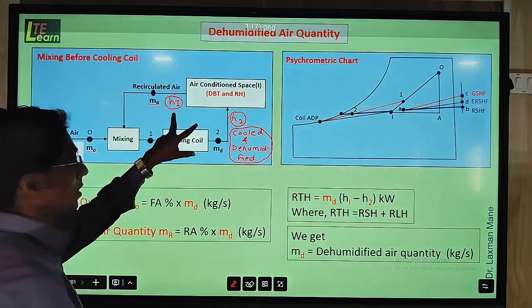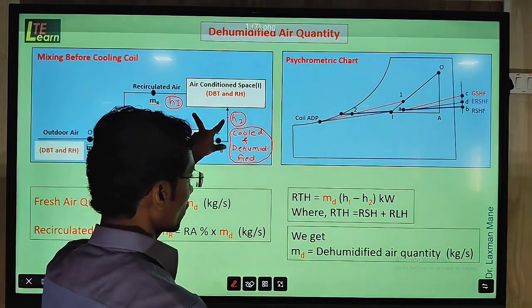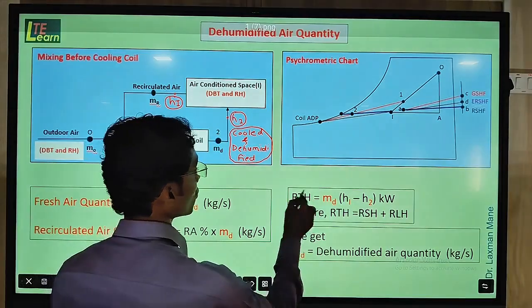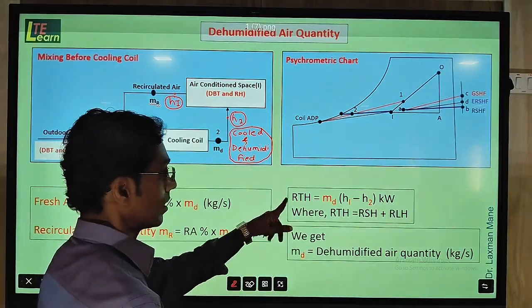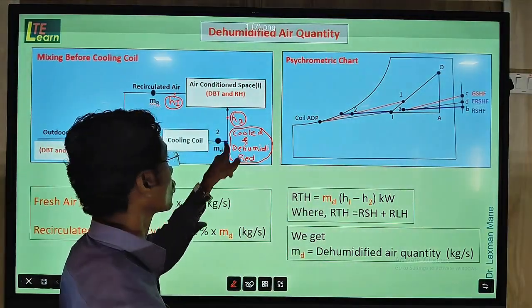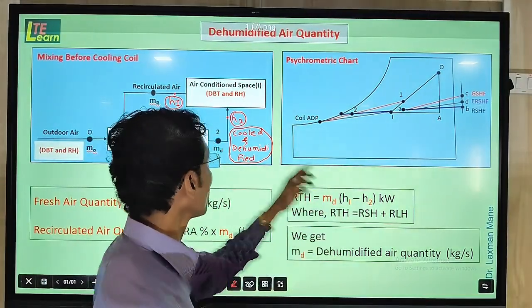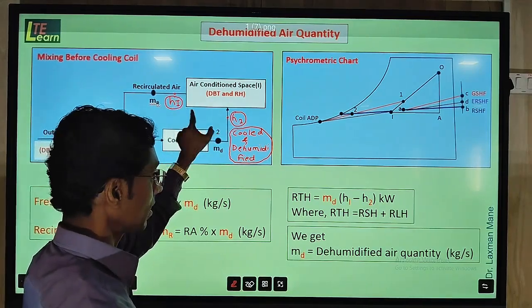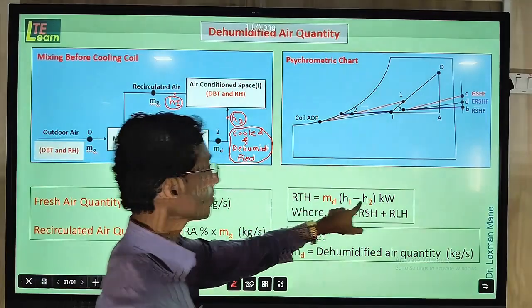So thus the total load in the room is RTH. How to find RTH? RTH will be the dehumidified quantity, meaning this total air, multiplied by this enthalpy difference, that is HI minus H2.